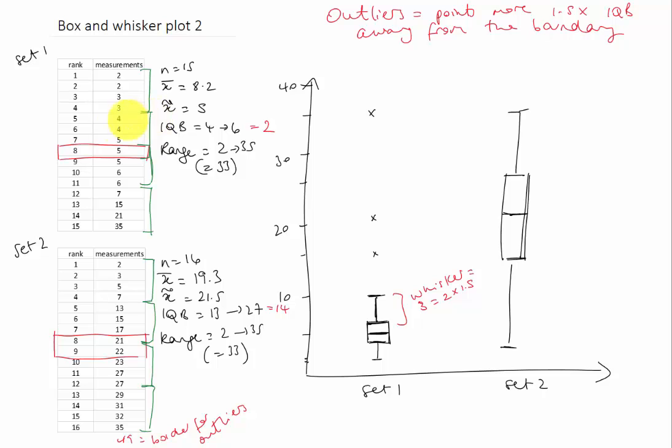Okay, so here 4 minus 3 is 1, we don't have anything smaller than 1, and 13 minus 21 is minus 8, and we don't have anything like that. Okay, so these are the ones we have to mark as outliers. So that's these guys.